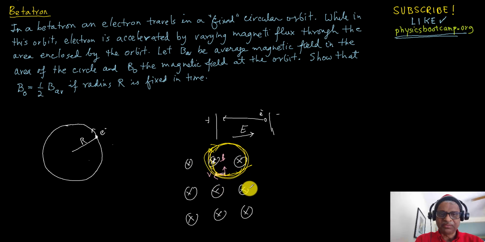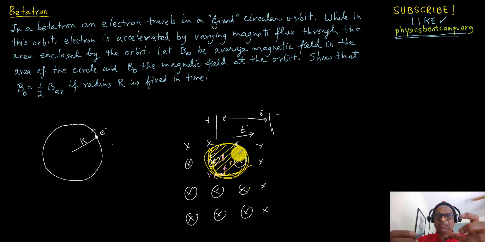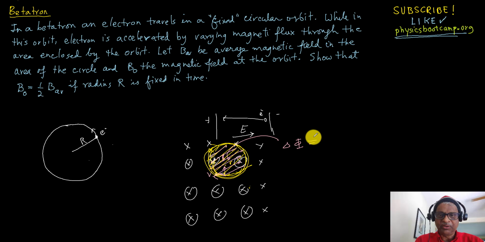And if B is fixed, then no magnetic flux change occurs, and so it can't be accelerated. So the trick is that you have a field which can maintain the circular orbit, but then you want to speed up. That means through this area, delta phi is not zero.